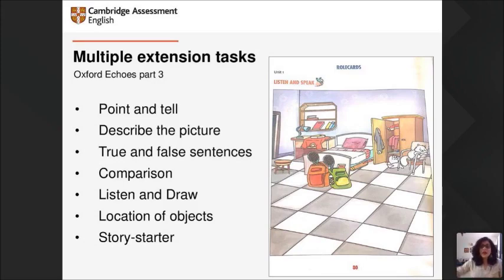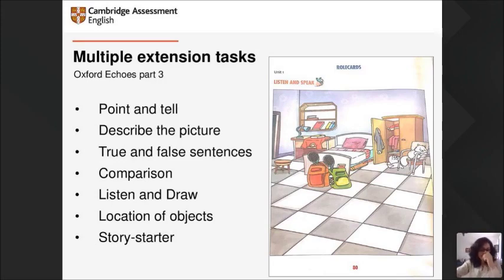Now, here, as you can see on the slide, this is a picture of a child's room. Right, now you can use the same visual to do multiple tasks with multiple language focus. So there can be a lexical focus, there can be a grammatical focus, there can be a fluency focus, there can be a comprehension focus, and I'm going to quickly walk you through these tasks.